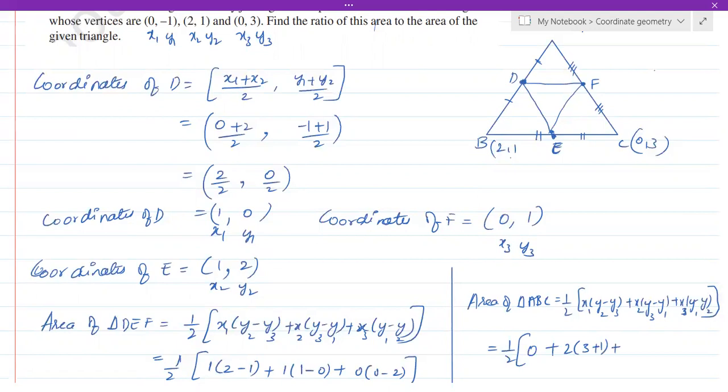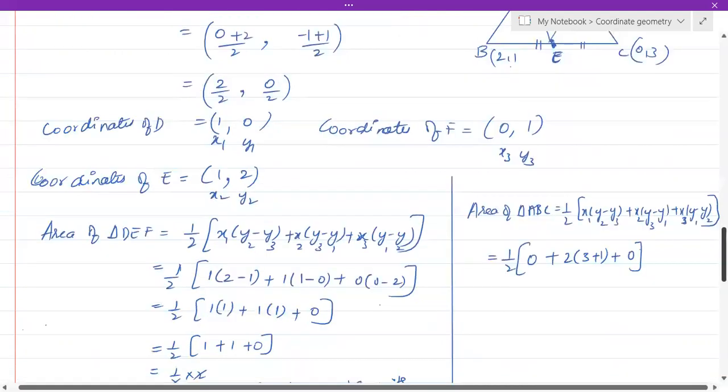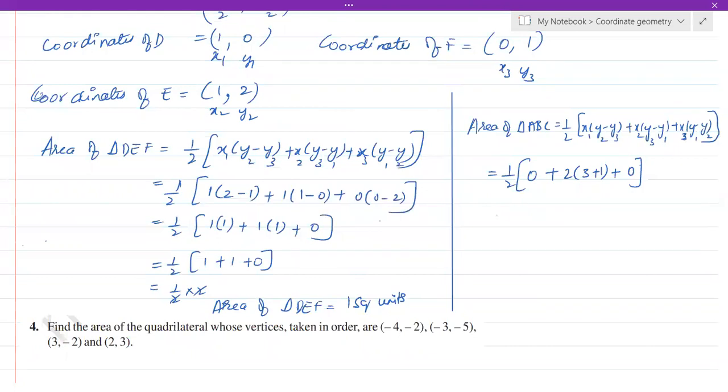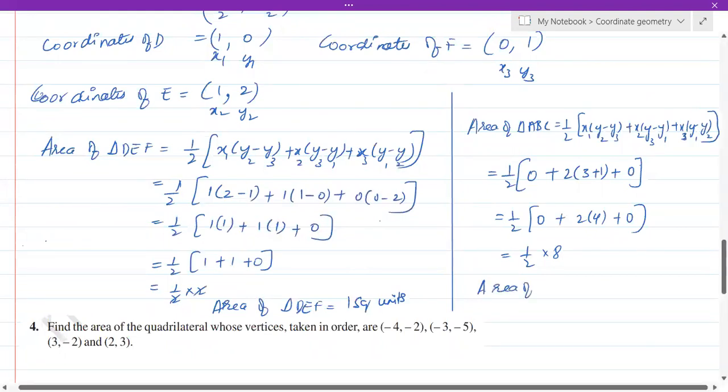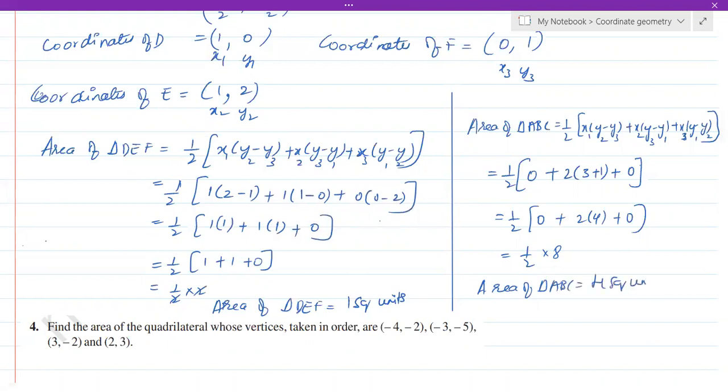Plus x3 is 0, so 0 into anything is 0 itself. Directly I'm doing it. So half, 0 plus 2 into (3 plus 1 is 4) plus 0. 2 fours are 8. So half into 8 becomes 4. So area of triangle ABC is 4 square units.